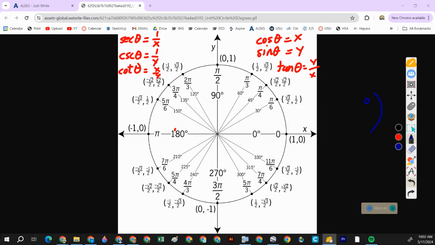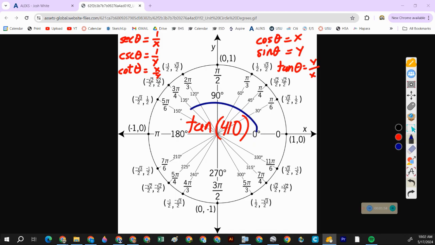What if I asked for the tangent of 410? Where is 410?